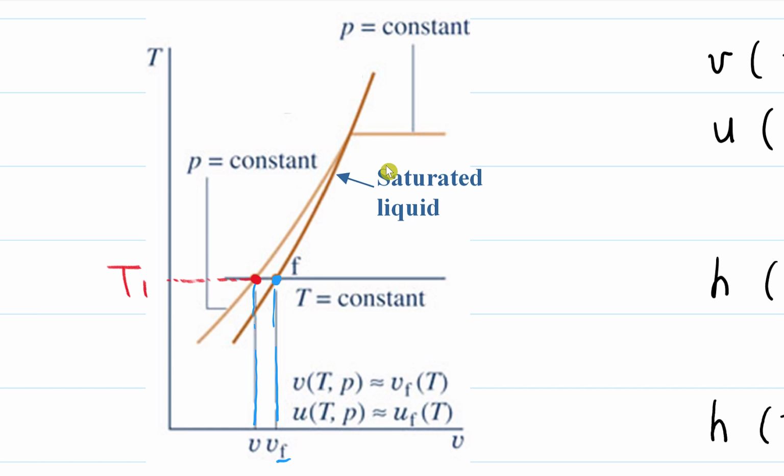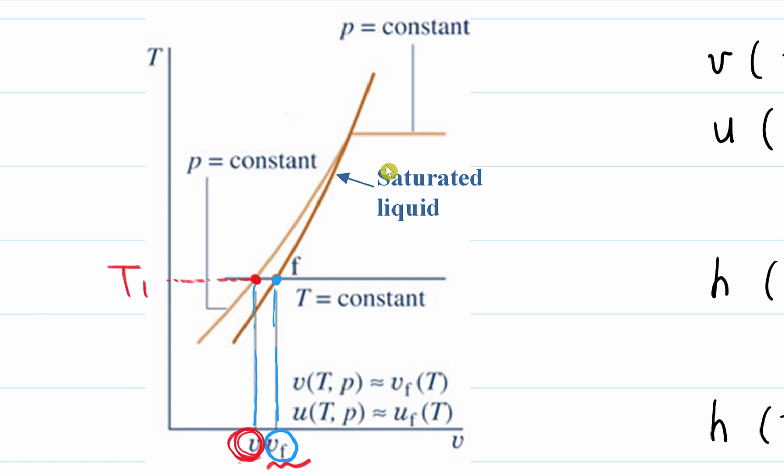We have the tabulated data for the saturated liquid, so we can determine the specific volume at the saturated liquid state. Let's say we don't have the property tables for the compressed liquid, so we cannot determine v directly. This is the exact value we want to calculate, but since the table is not available, we are going to use the approximate value at the saturated liquid state.